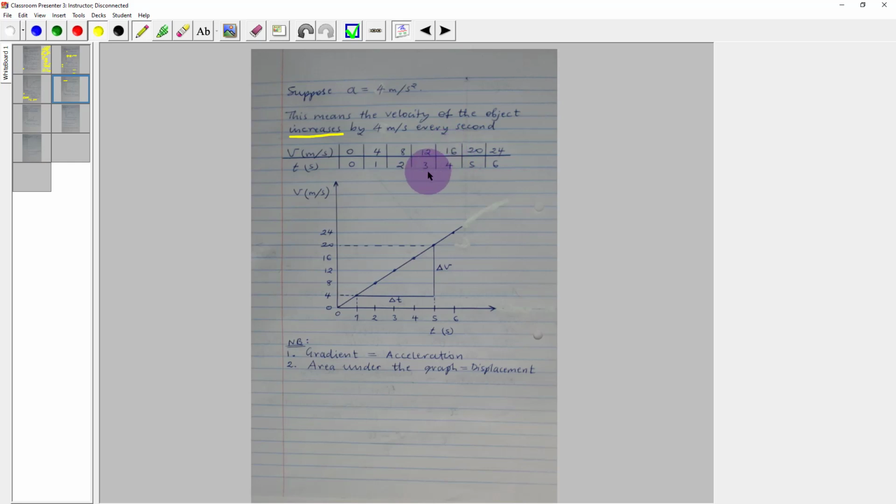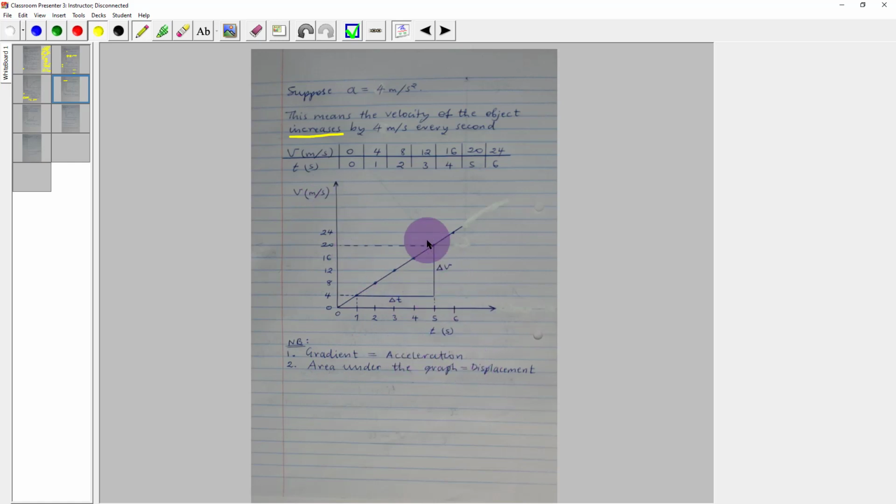So over here, you can see the object's velocity is increasing uniformly. And so is this graph, because this is exactly what we have transferred here. So a straight line like this shows velocity which is increasing uniformly, or you can say the acceleration is constant, because the gradient of a velocity time graph actually gives acceleration.